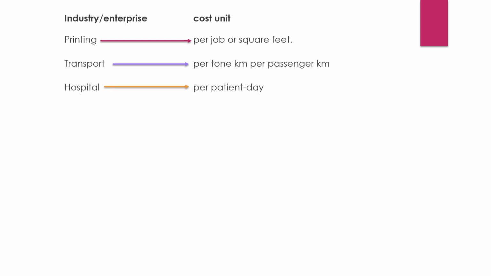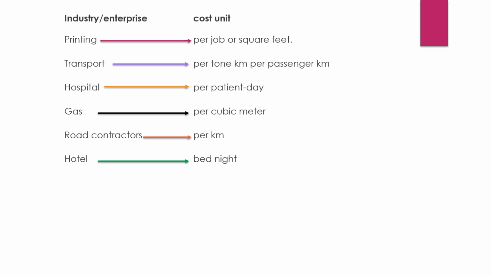For a hospital, per patient day can be used. For gas, we can use per cubic meter. For road contractors, they can use kilometers as the cost unit. For hotels, number of bed nights can be used as the cost unit.